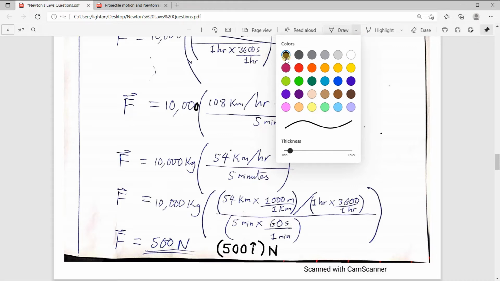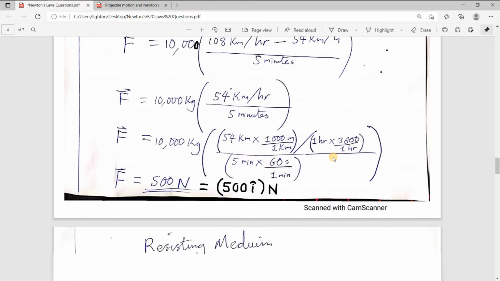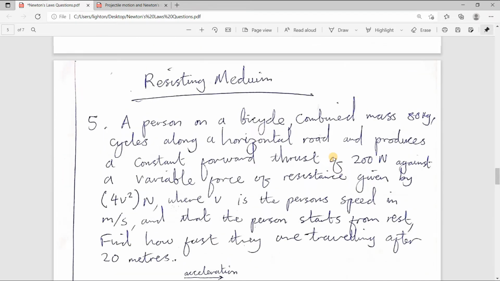Either you write it like that or like that, and I can still mark it if you write it like that. This is just the explicit version, even showing the direction, saying that it is pointing in the I direction. So you get that, you're okay. So moving on to the other question. Now this is resisting medium.